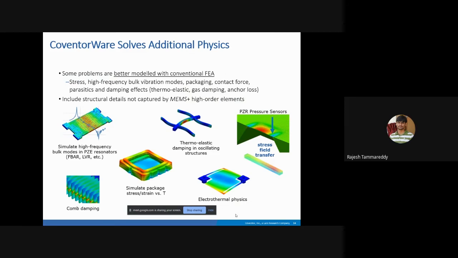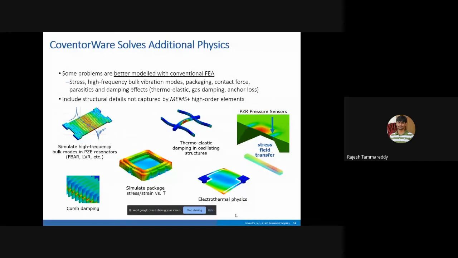So there are some limitations in MEMS Plus, which can be done only using the FEM approach in CoventorWare software. Some simulations, like stress simulations: in MEMS Plus, you can see a displacement, but not the stress. For stress results, you have to go to CoventorWare.